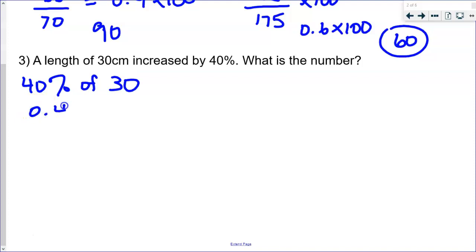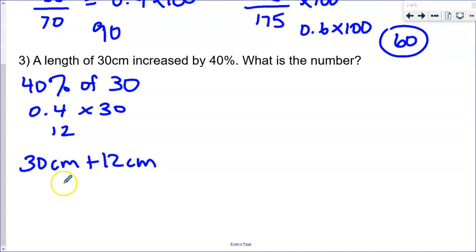So 0.4, change it to a decimal, times 30, and we get 12. So what that tells us is that the length here increased by 12 centimeters. All right, so the new length would be 30 centimeters, because we know it's an increase, we're going to add, plus 12 centimeters, and that equals 42 centimeters. So that would be our number.